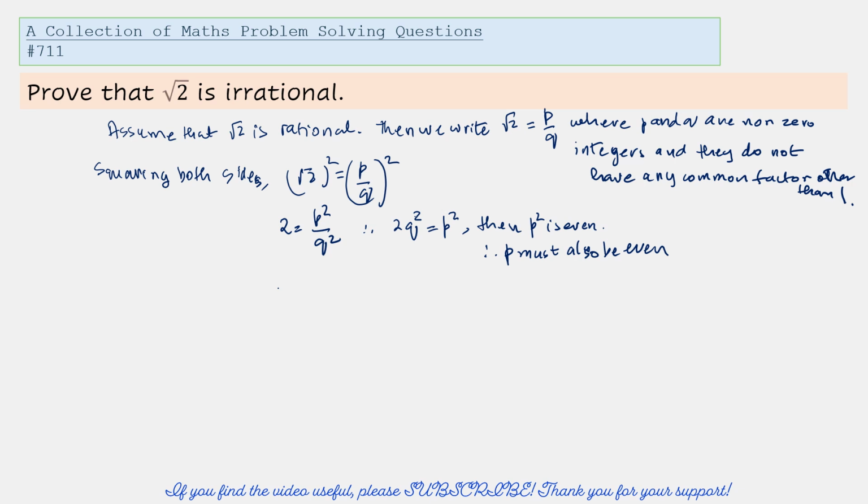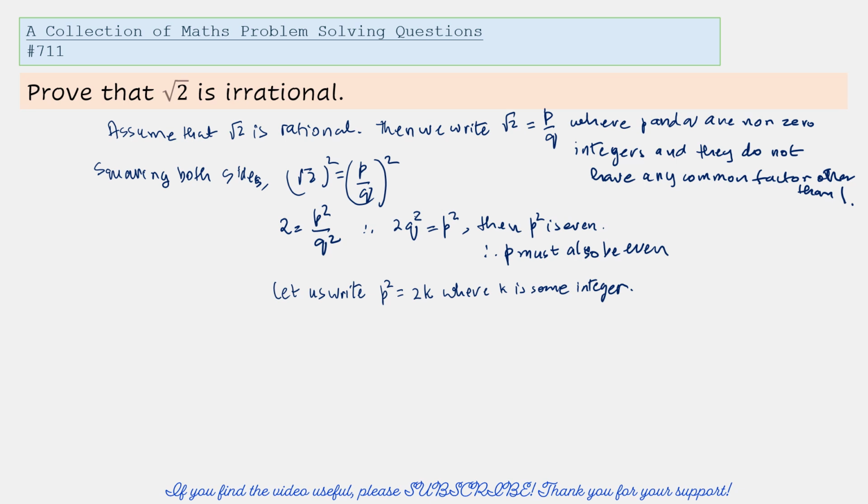So if P square is even, we can write P square as, say, 2k, where k is any integer.